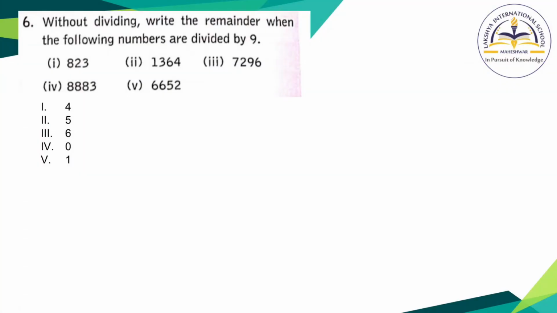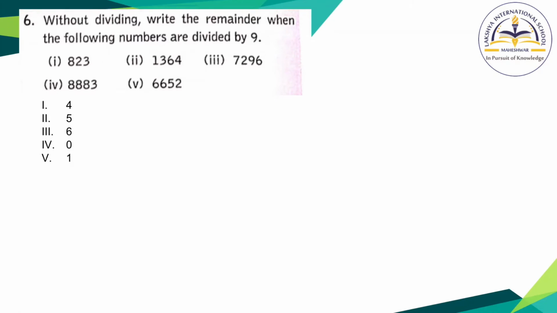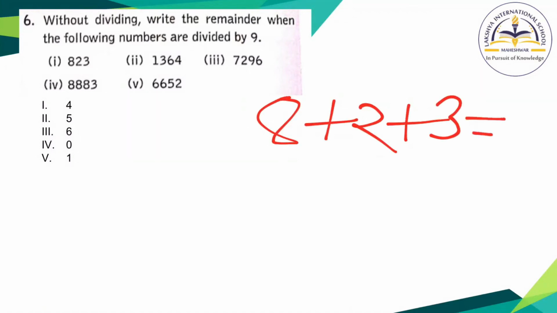Now question number 6: without dividing, write the remainder when the following numbers are divided by 9. Question number 1, 823. We have to find out the remainder. So how can we find how much remainder will be left after dividing by 9? So 8 plus 2 plus 3. What will the answer be? That is 13.